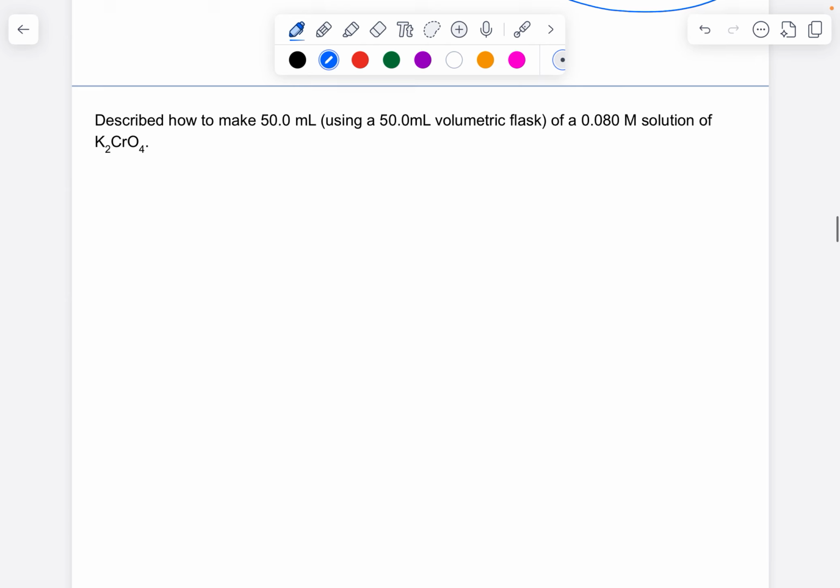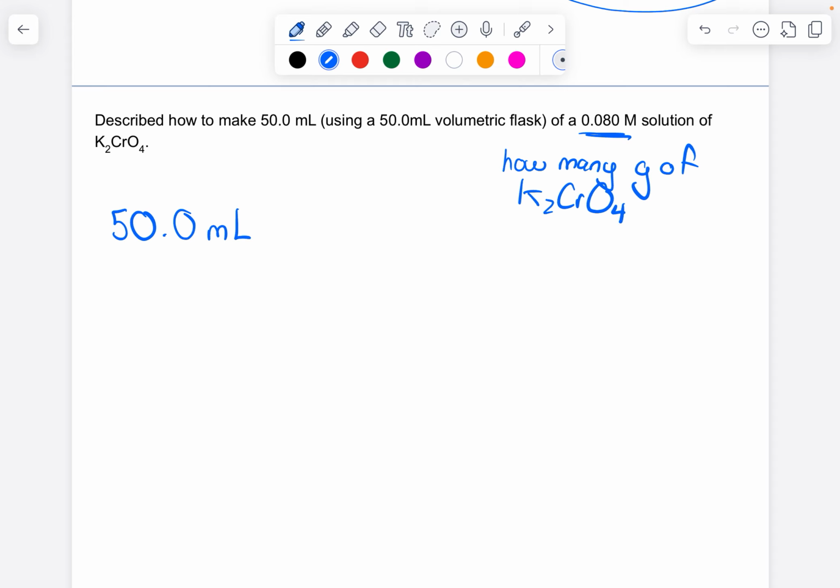Oh, this one should be really straightforward because it's just molarity, but good reminder anyways. So 50 milliliters, and they want to know how you make a 0.08 molar solution. What they mean is how many grams of potassium chromate are you going to have to add to your 50 ml volumetric flask, and then fill it up with water.